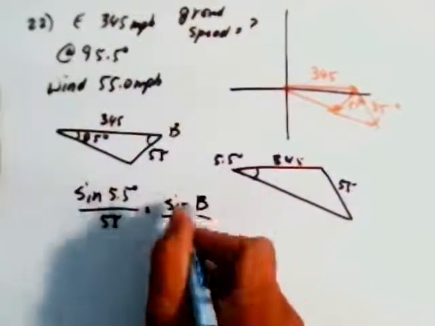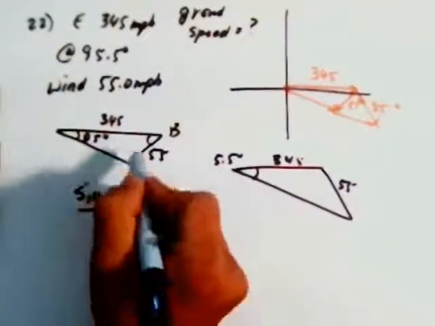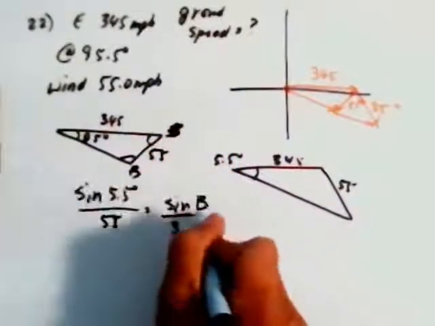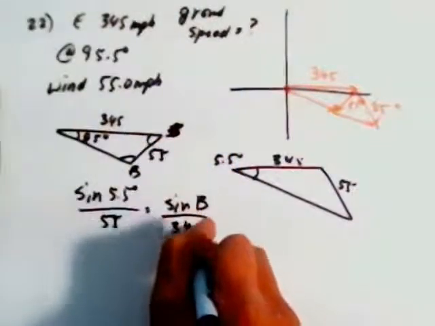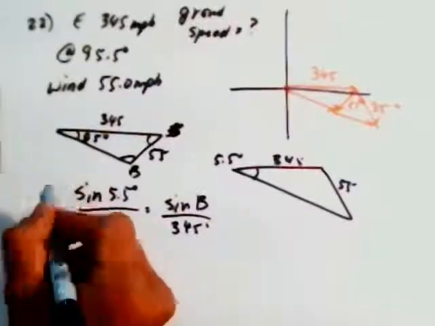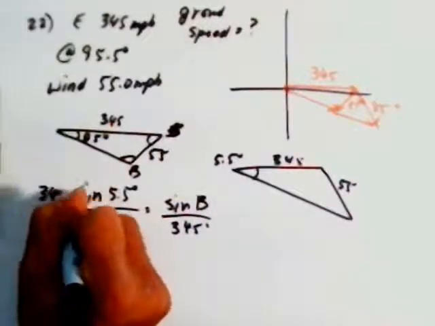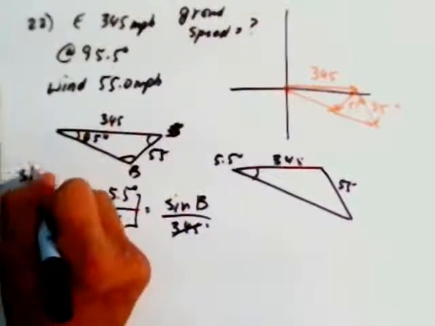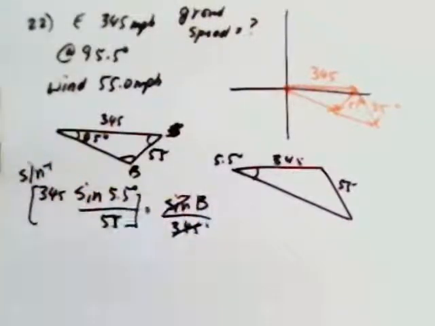Sine of B over 345, angle B right there. You multiply by 345, get rid of that. To get rid of the sine, you take the sine inverse on the left side. Okay? So I'm going to do that on my calculator.